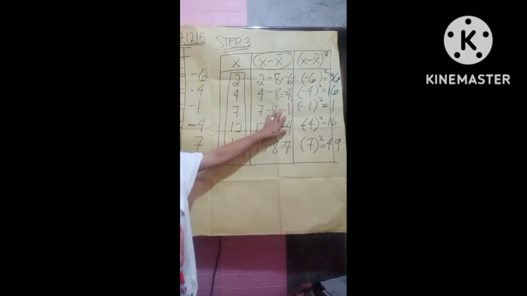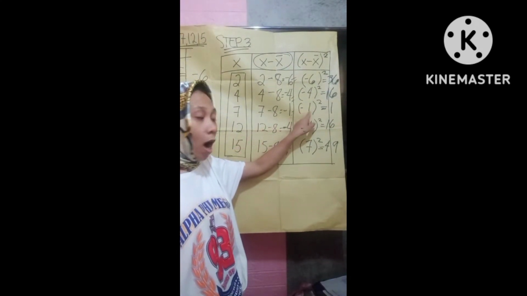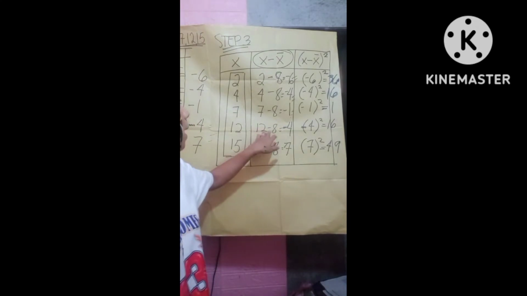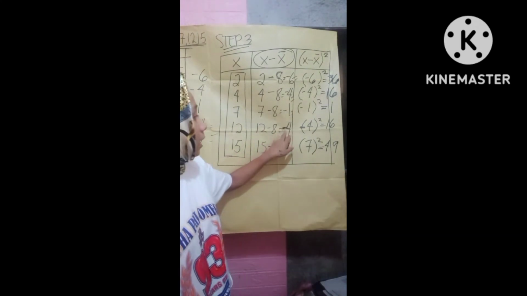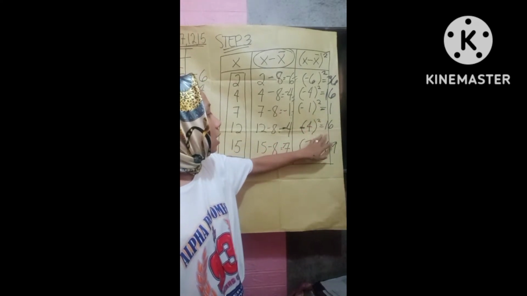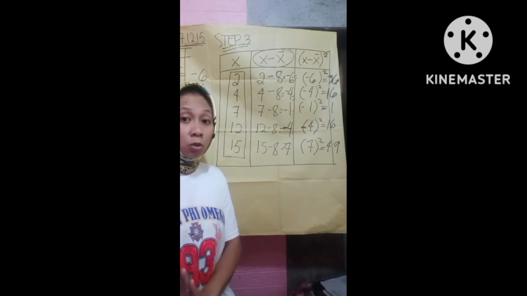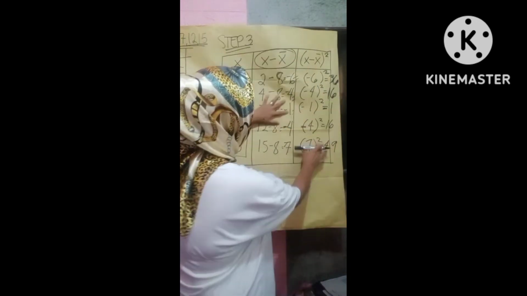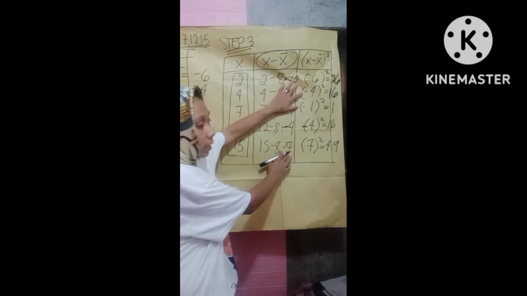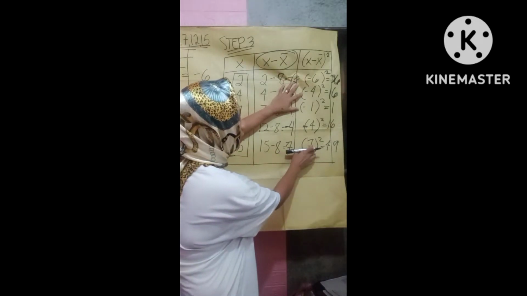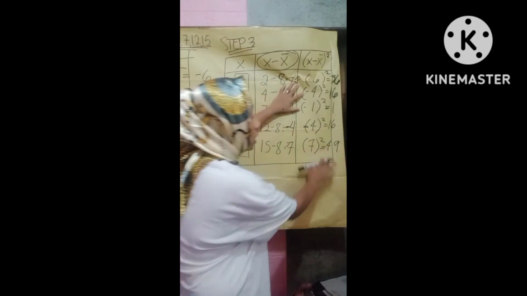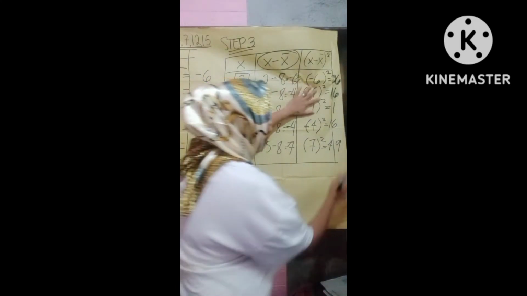So, next is negative 1 times negative 1 is equals to positive 1. Then, the next is 12 minus 8 is equals to 4. Hanapin mo yung squared niya, which is 4 times 4 is equals to 16. So, the next answer is 15 minus 8 is equals to 7. Okay? So, hanapin mo yung squared ng 7. So, 7 times 7 is 49.